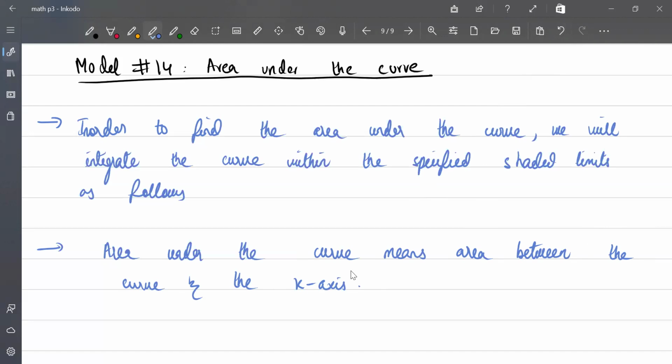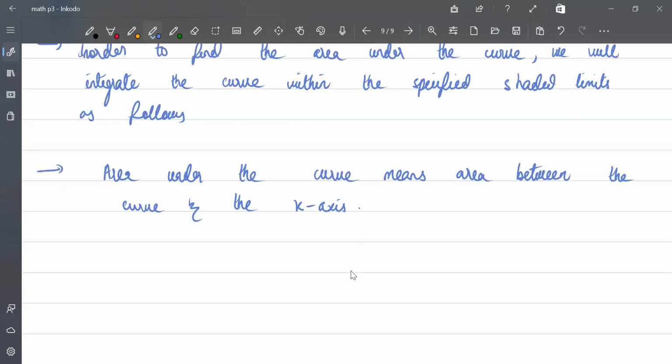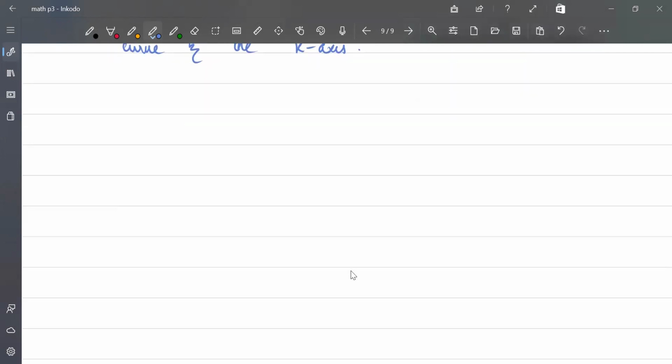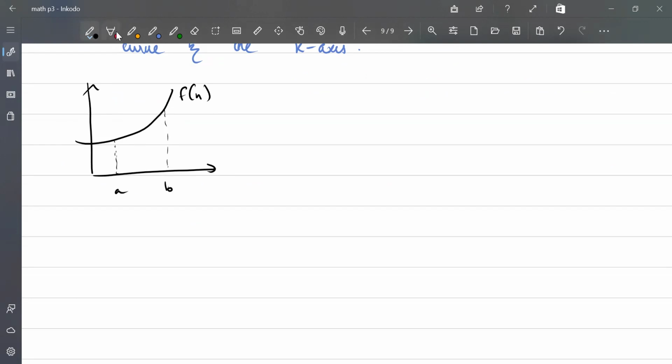All right. So now we're going to look at a couple of possible cases that are usually tested and how to find the area. Let's say we have this curve f(x) and we need to find this area. It could be lower limit a, upper limit b, and f(x).